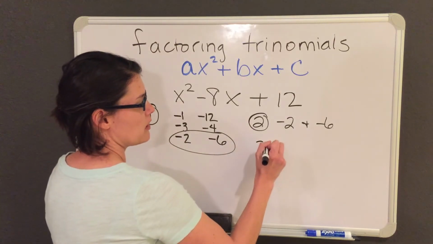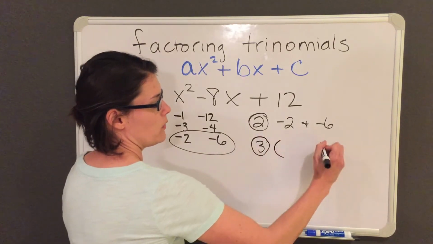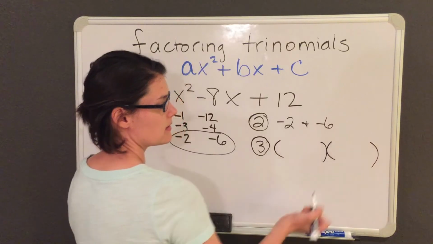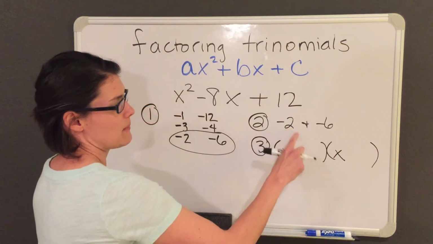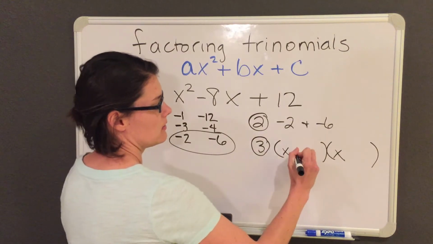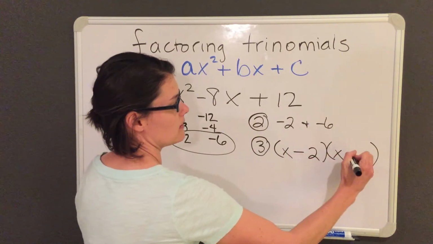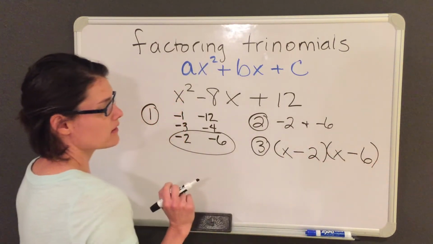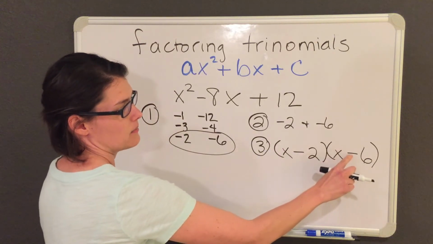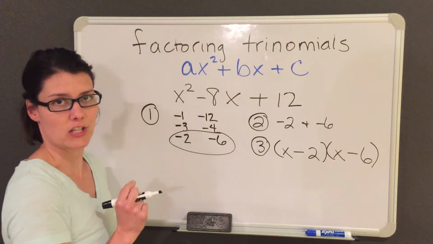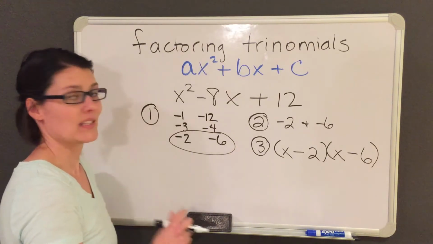And then you're ready for your last step, which is to open up 2 parentheses, put an x in the first spot, and then I'm going to write each factor in the parentheses. So my factors are x minus 2 and x minus 6. And you're complete. Let's do one more.